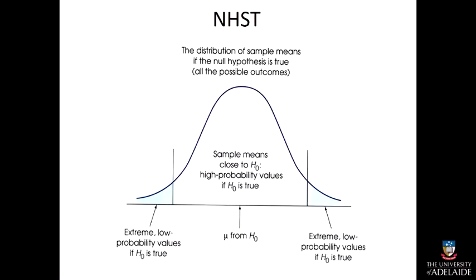So, an easier way to think about this is in terms of sample means. What you see represented on the slide there is what's called the sampling distribution of the mean.